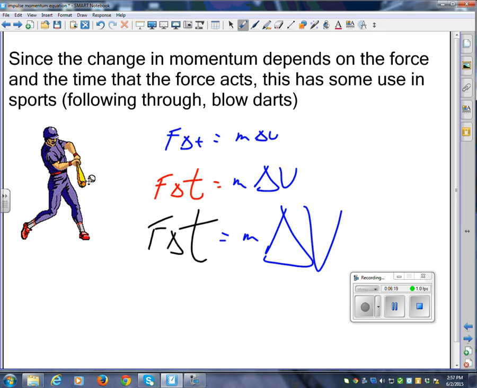When you bunt, the ball hits it, how long is the ball in contact with the bat? Hardly at all. In fact, to reduce how far it goes, what do you actually do? Pull it back. So you, in fact, slow the ball down before it bounces off. That's the idea of a bunt, right? Baseball, same idea. You want to follow through. Tennis, same thing. Just about any sport where you're hitting something with something else, racquetball, you name it, you want to follow through. That's the reason why. It's not because it looks cool.